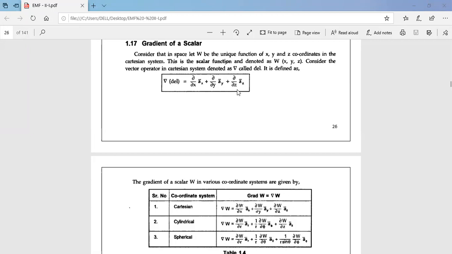That's all that is. So it's like a multiplication of the partial derivative with respect to the respective units.